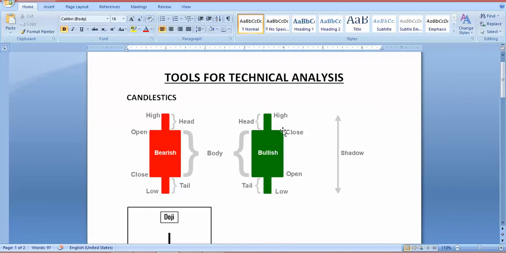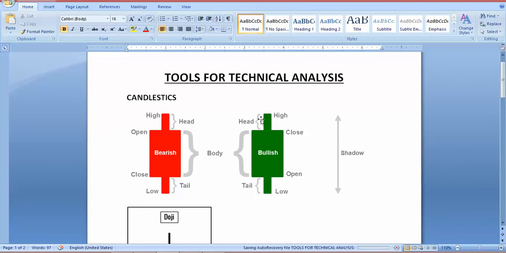Now a bullish candle is the opposite of a bearish candle. In a bullish candle, prices are moving higher, and so the price will open lower, then close higher. That's why we have the open at the bottom, unlike in the bearish one. So we have the open, the close, the high, and the low.